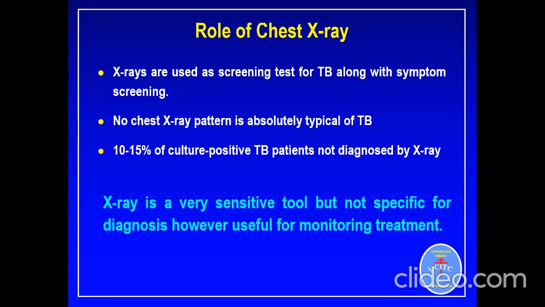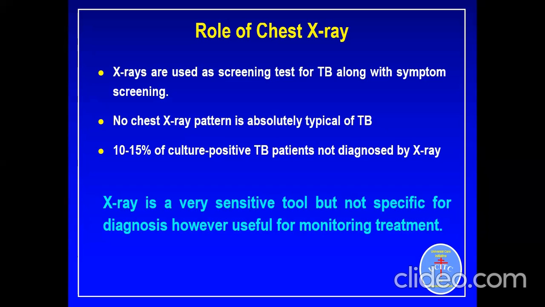And do you see these changes even within 15 days of treatment? No, usually no. If there is a significant change in 15 days, then you have to relook at your diagnosis, because rifampicin is a very broad spectrum antibiotic. It takes care of gram-positive, gram-negative, and it's also an antifungal antibiotic.